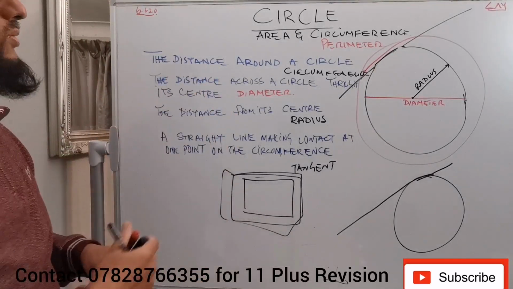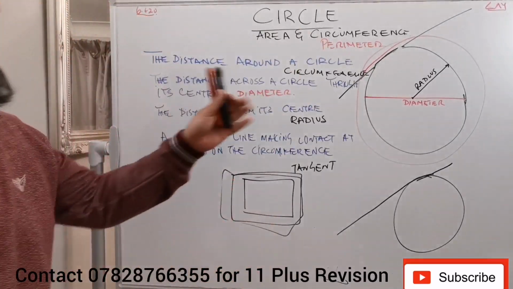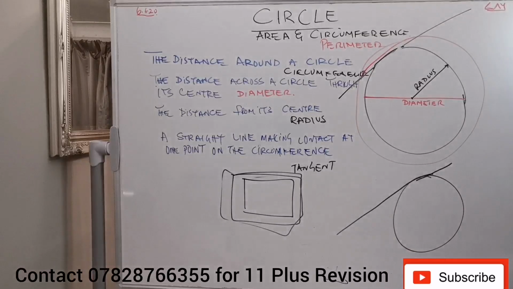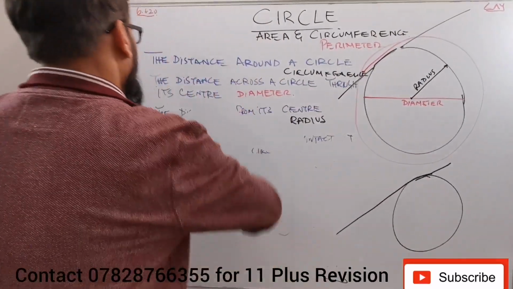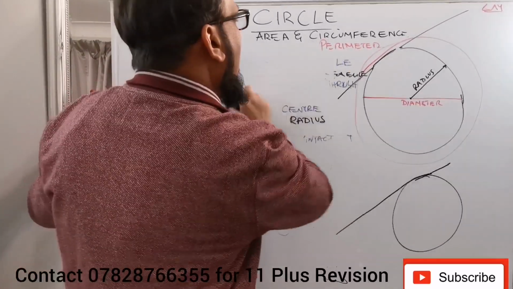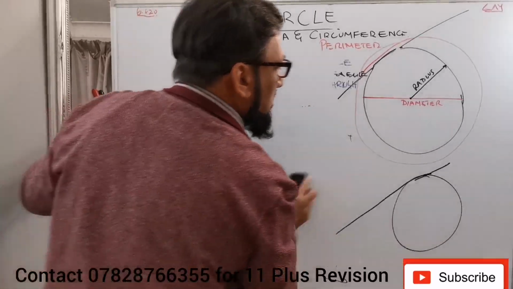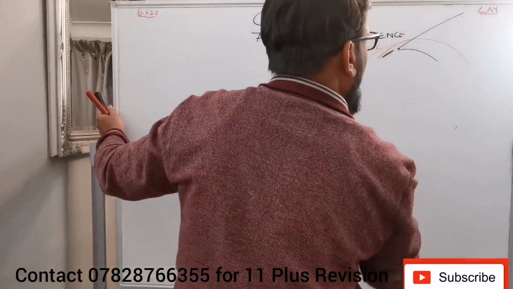So now we are going to work out the area and the circumference of a circle. Let me take an example of how we can work out the area and circumference of a circle.